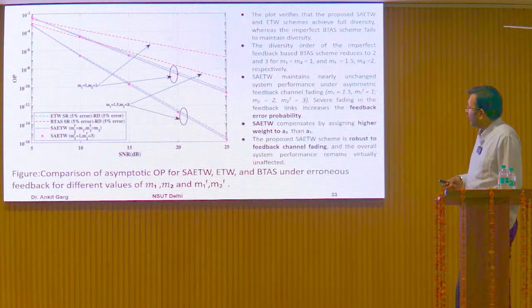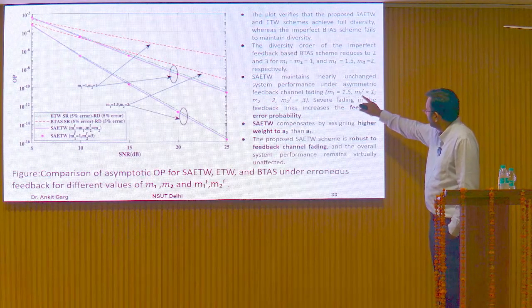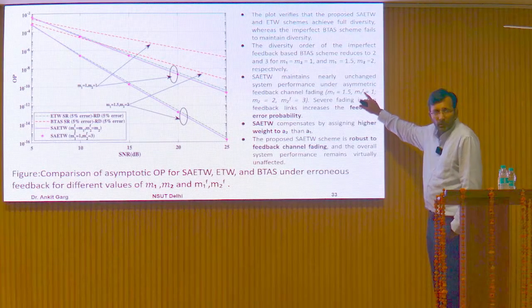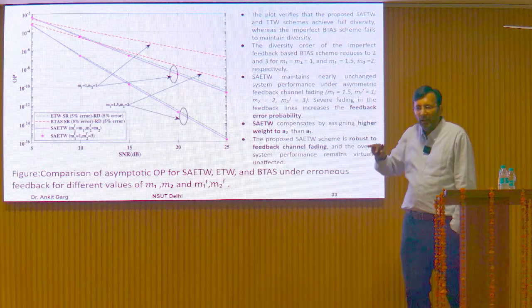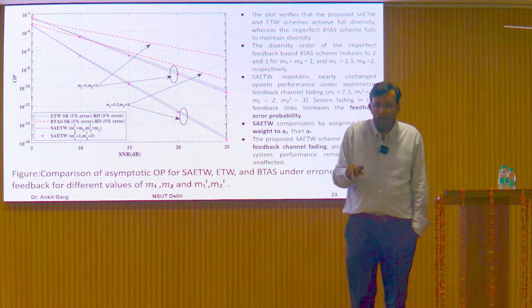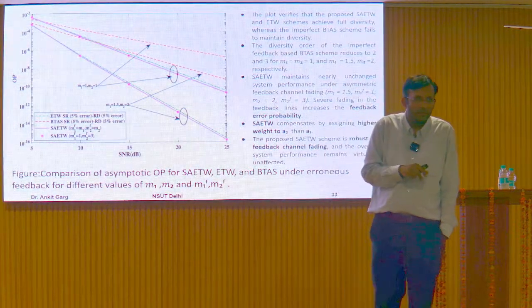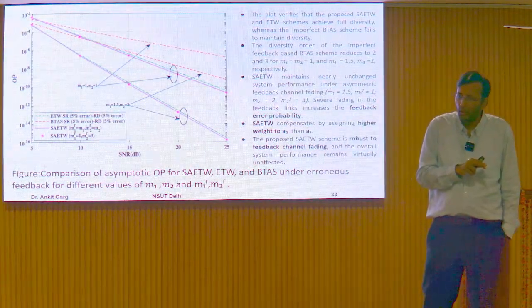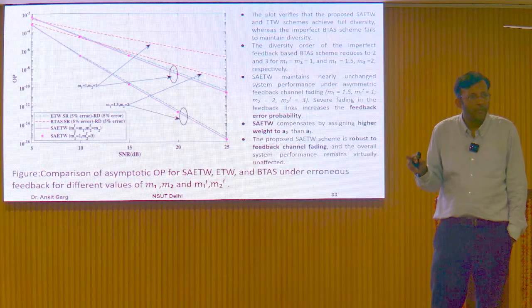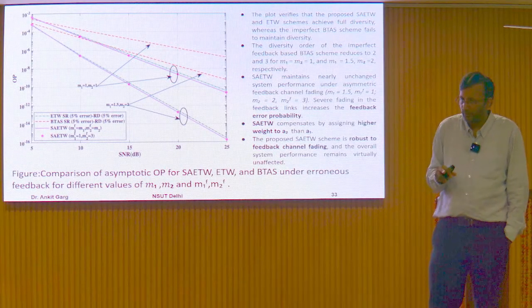So whatever the value of M1 and M2, here we also included one term, M1F, which means the fading in the feedback. M1F represents the fading in the feedback of the first hop and M2F represents the fading in the second hop.